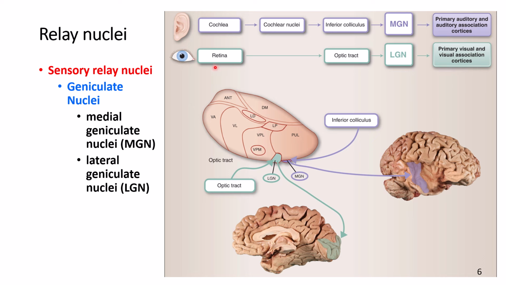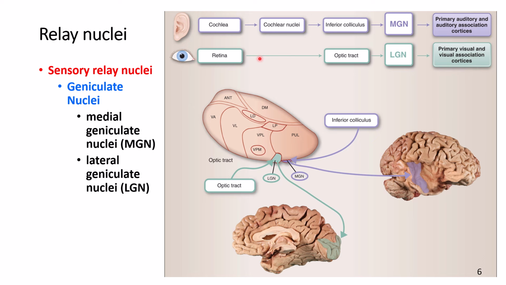The visual information is in the retina and the eyes, and from there it goes to the optic nerve. So if you want to write it here, optic nerve, optic chiasm. When we get to the visual system, you can understand more details of that.